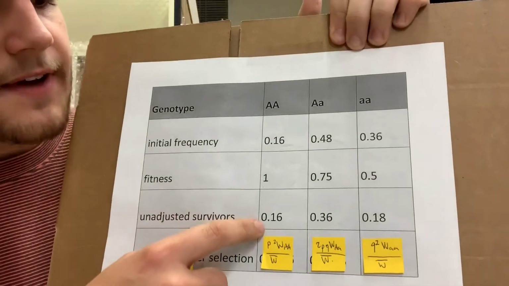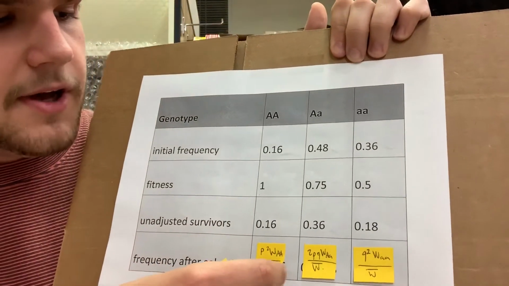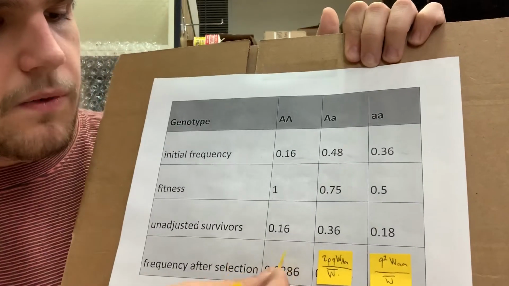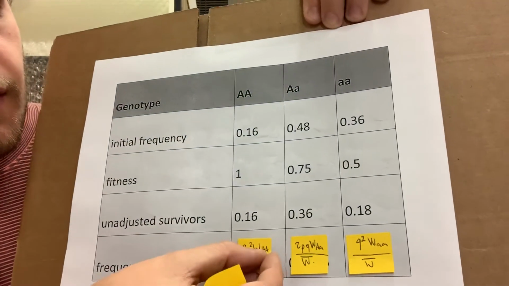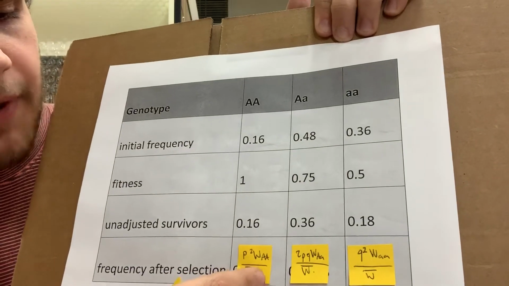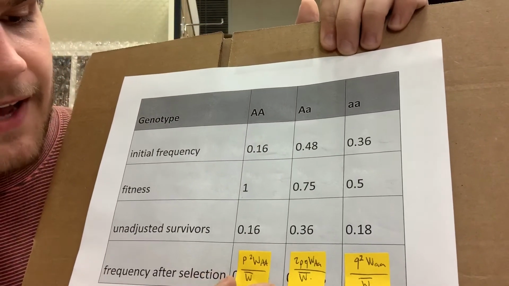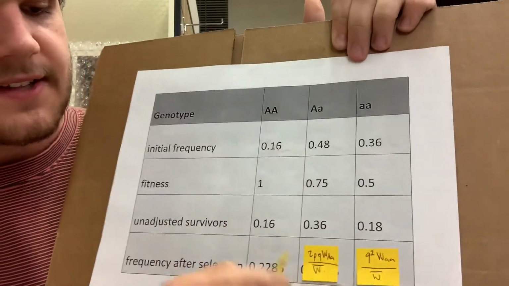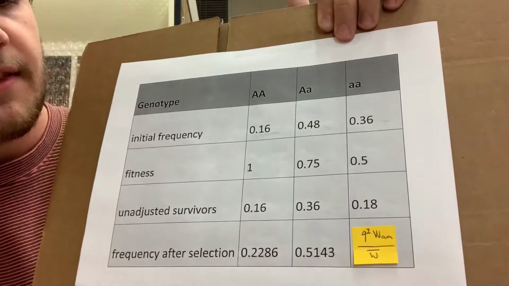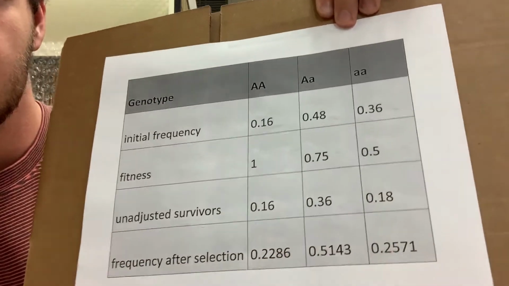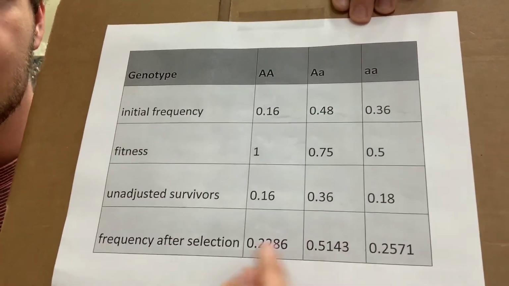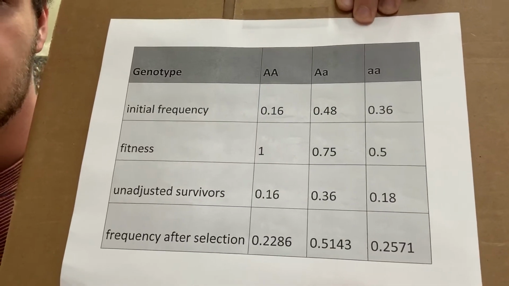So we divide our unadjusted survivors by the average fitness, and it will give us the different frequency for each genotype after selection occurs.